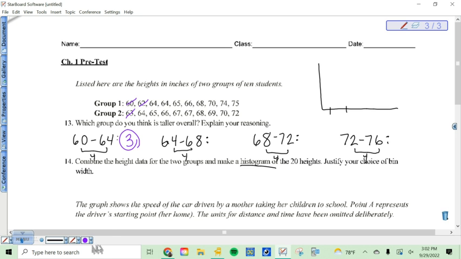These are histograms. This is a good one if you want to copy this whole problem down into your notes section. I think it's a good idea to have an example. How about 64 to 68?